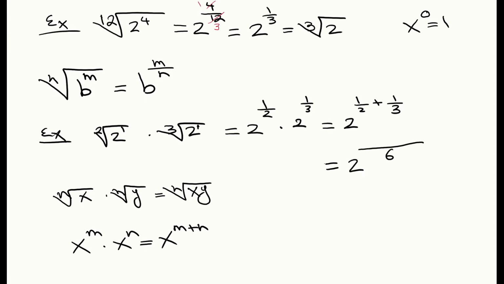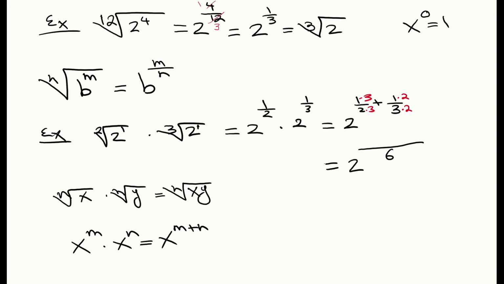Here we're going to need a common denominator of 6. So we multiply this denominator by 3, so we have to do the same to that numerator. This denominator we multiply by 2, so we do the same to the numerator as well.